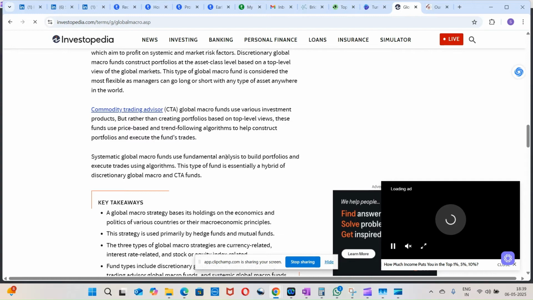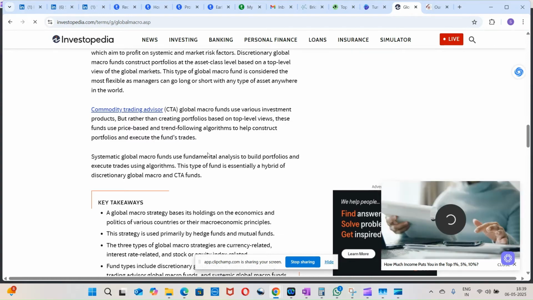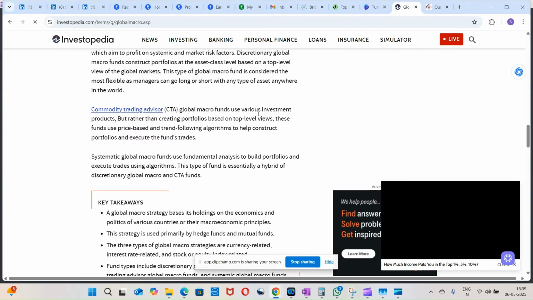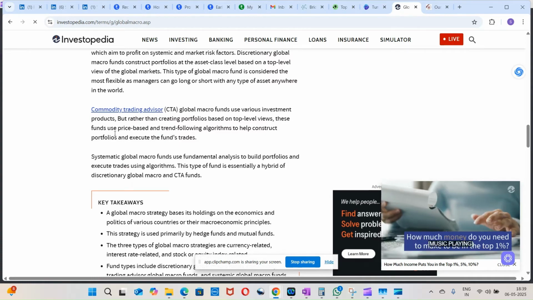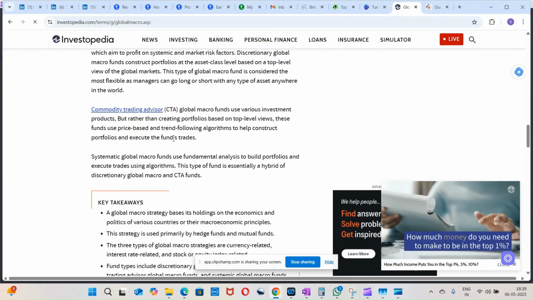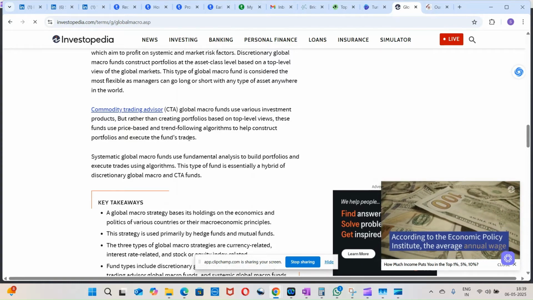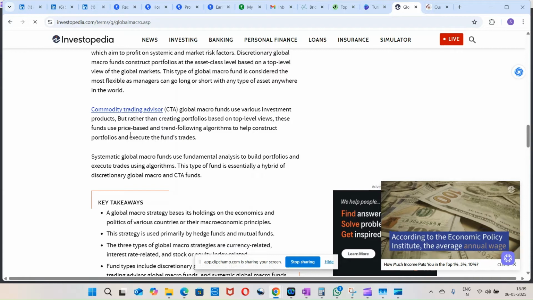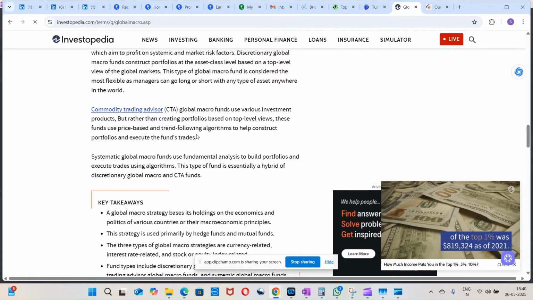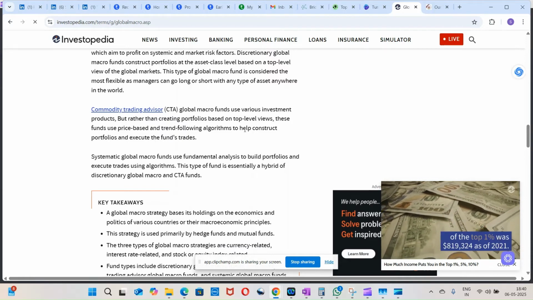Coming to global macro funds, they also use price based and trend following algorithms to construct the portfolios and execute the fund trades.